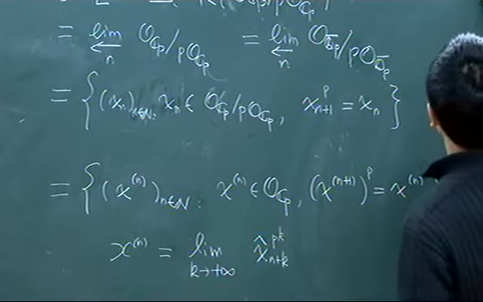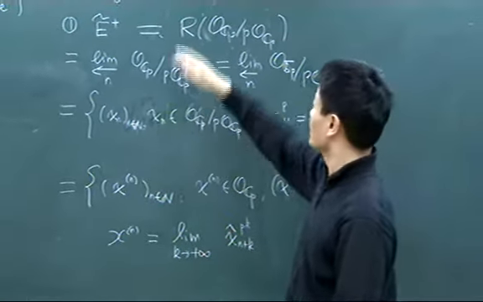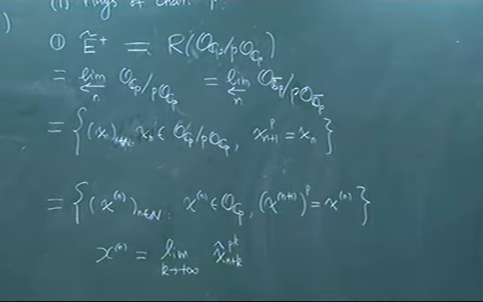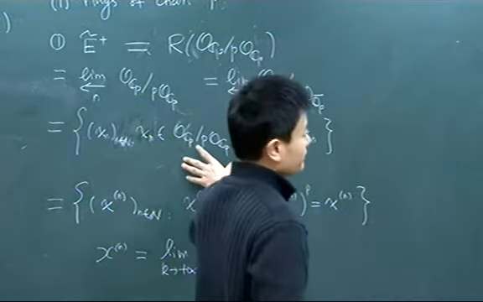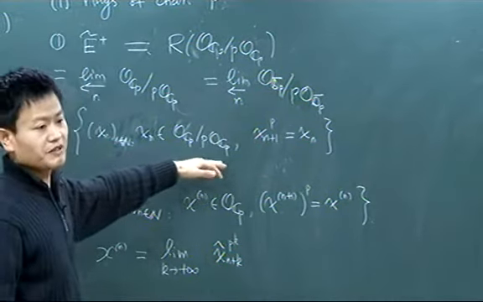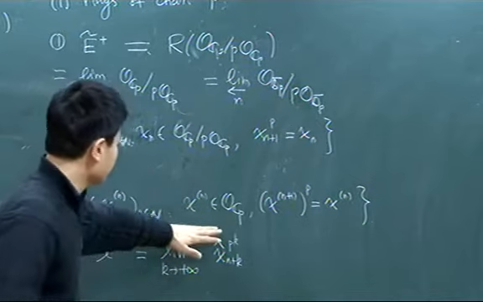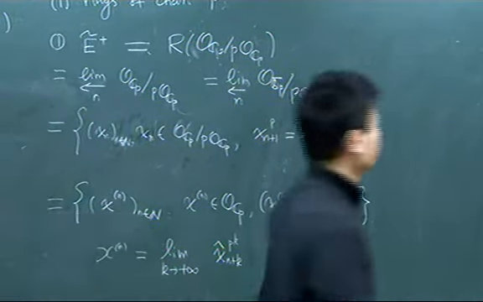So this is a ring. Actually, it's a perfect ring of characteristic p. The ring structure is easy in this form: addition and multiplication are easy to write. But if you write in the other form, the ring structure is a little more difficult.